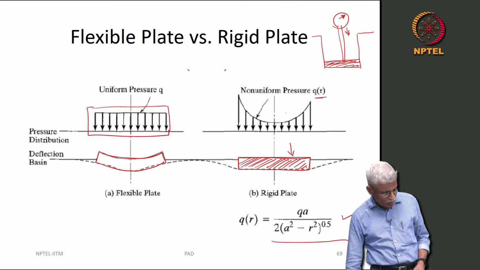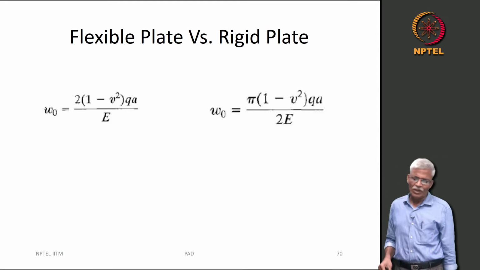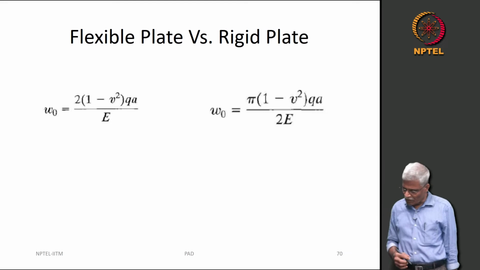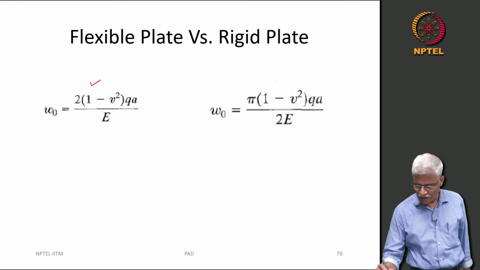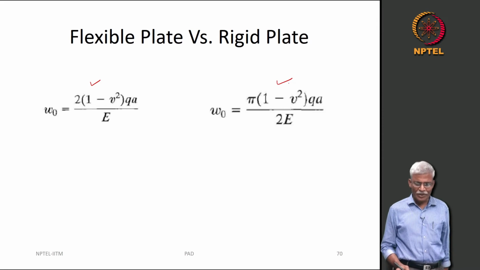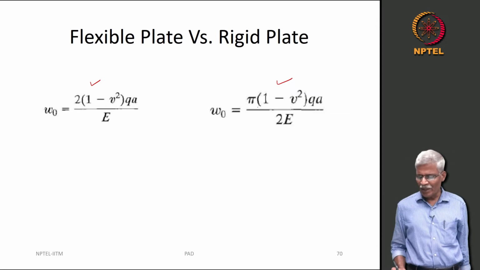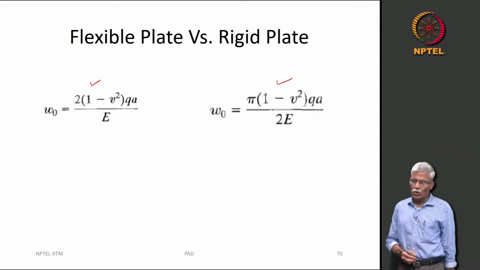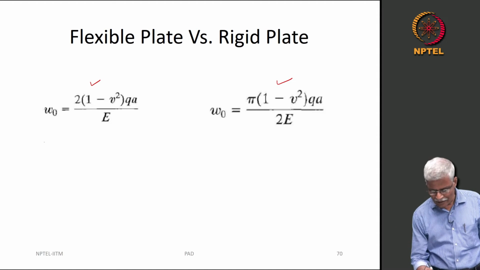Now we will compare this flexible plate versus rigid plate, and this is the final equation that you will get. 2 into 1 minus nu square times Q A divided by E, and here pi into 1 minus nu square Q A divided by 2 E. Now, what exactly is the difference here?